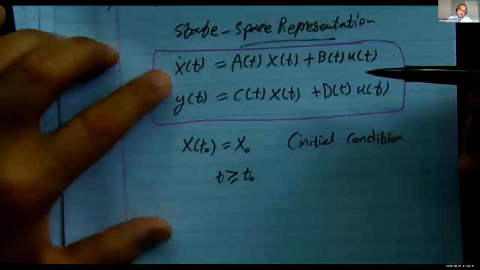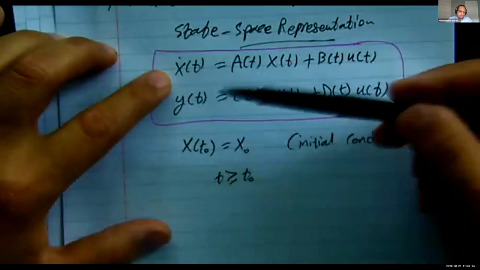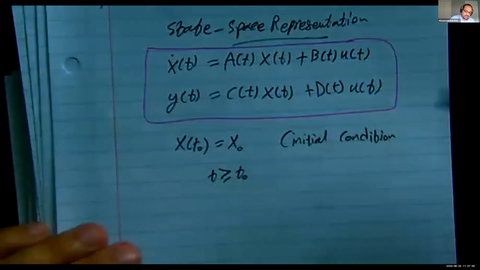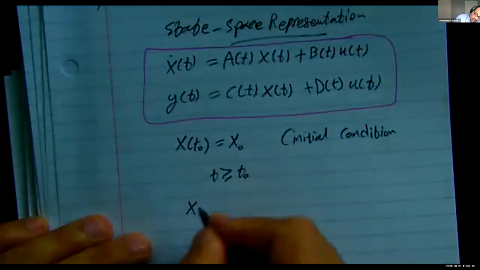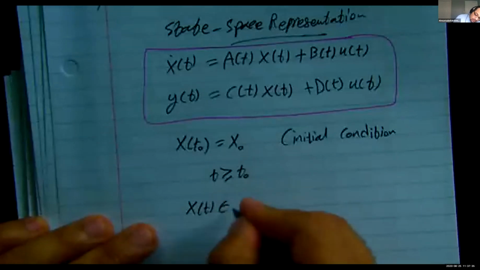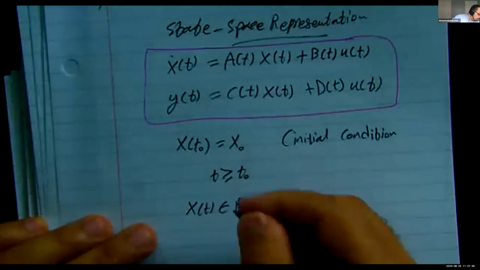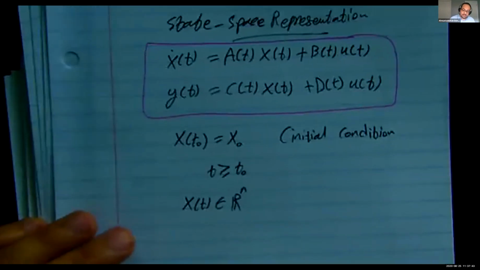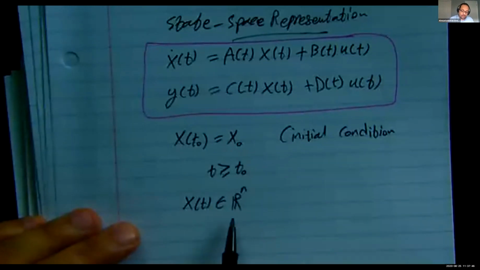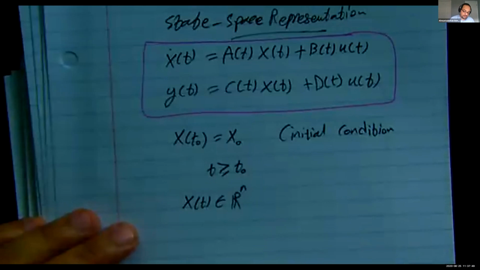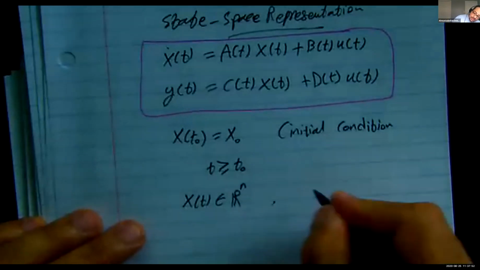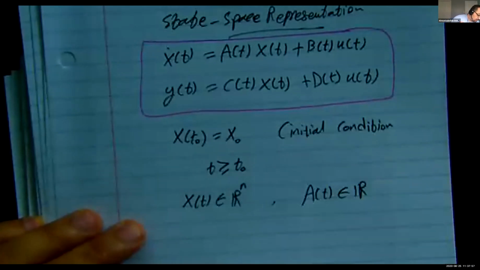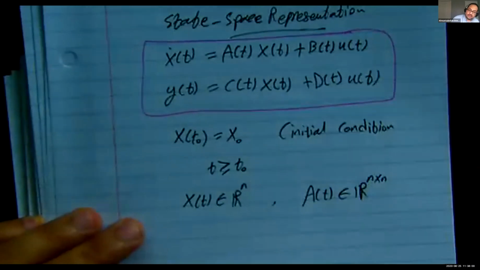The dimension of x could be 1, and in that case we call it a scalar system, or could be more than 1. In the general form, x of t belongs to real numbers with dimension n, which means that x is an n-dimensional vector. X is a vector, and A, which is a time-varying matrix, is going to be n by n.